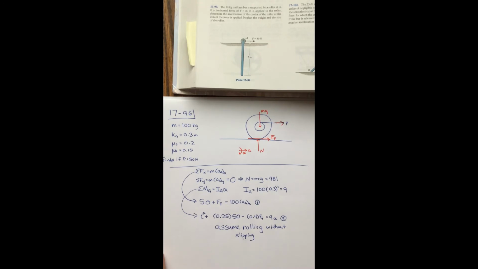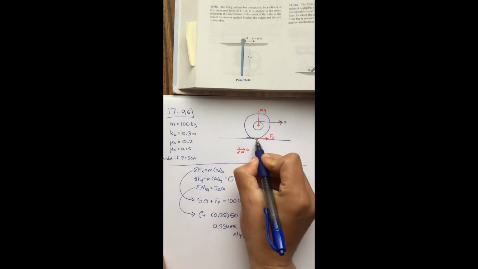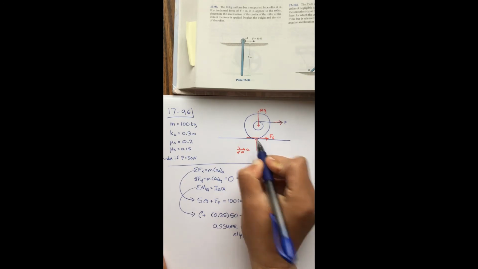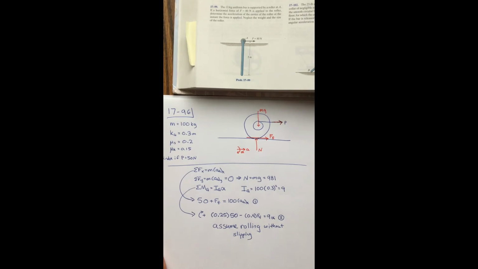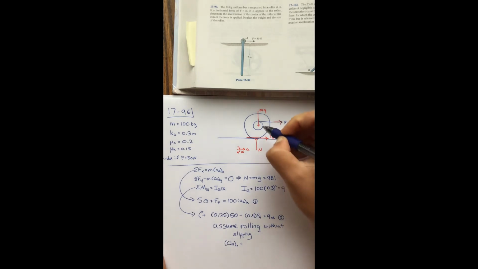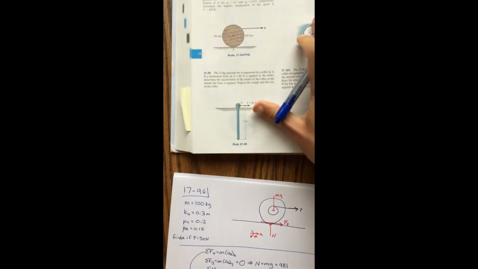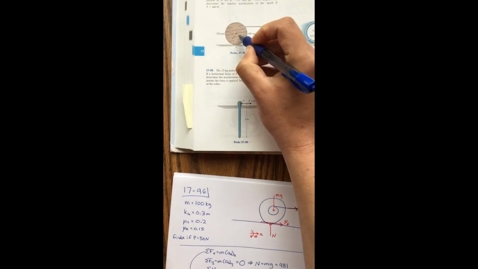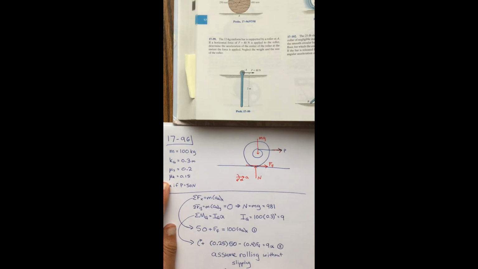So if we are rolling without slipping, then at the point where the wheel is touching the ground, that is our instantaneous center of zero velocity, and the x component of the acceleration of the mass center is equal to the distance from the instantaneous center to point G, that's 0.4 meters, times the angular acceleration.